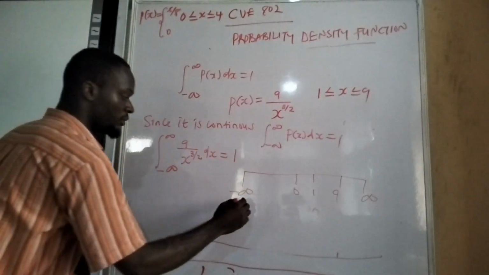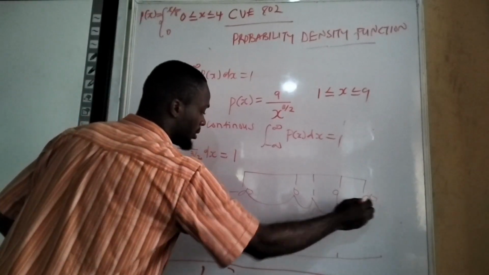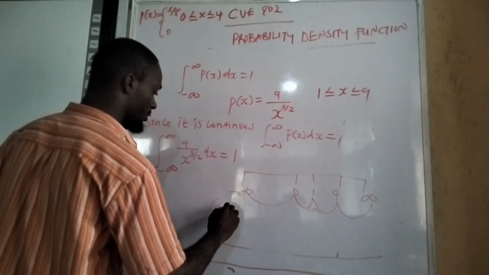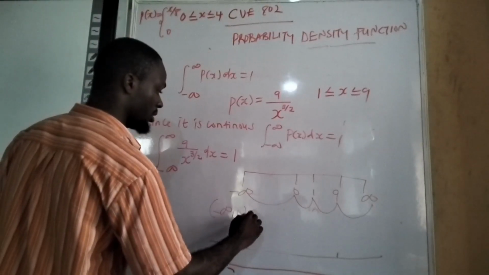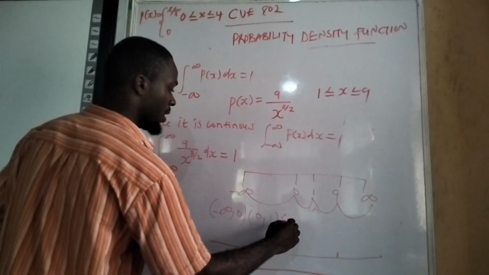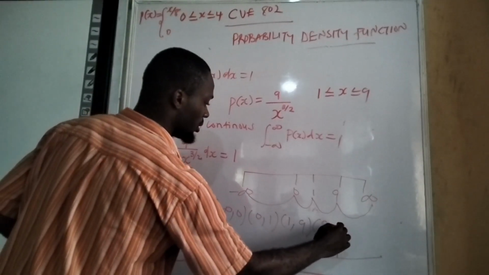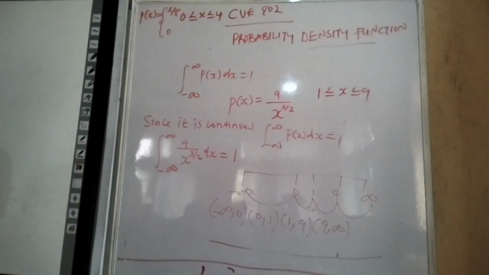Means we should integrate from here to here, and so on. So we get minus infinity to 0, 0 to 1, 1 to 9, and 9 to infinity. Are we following?